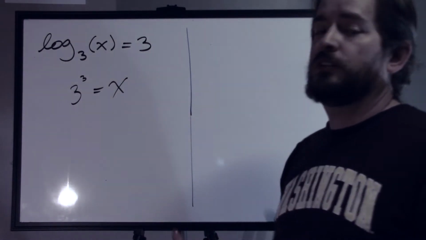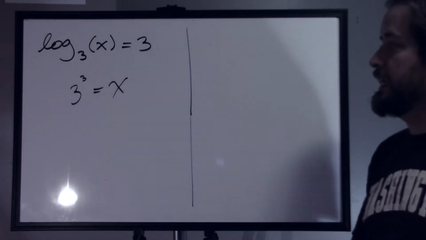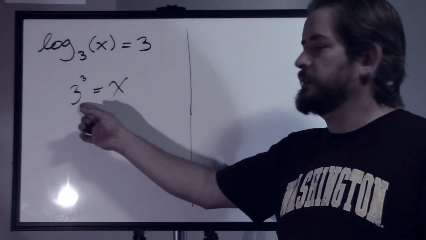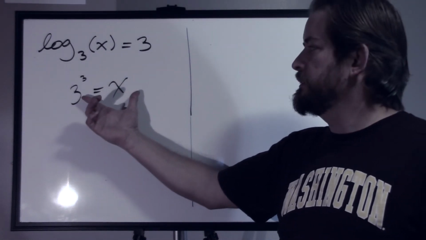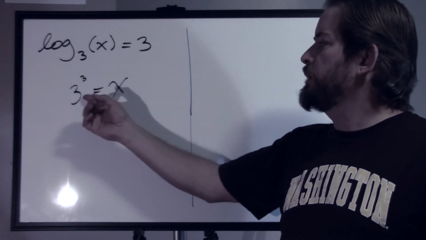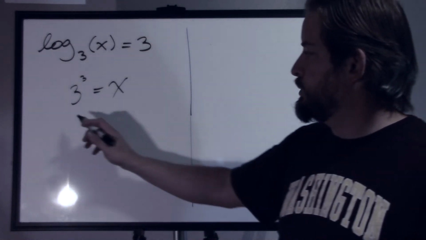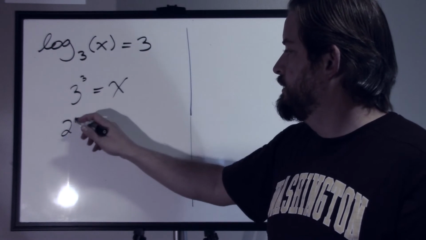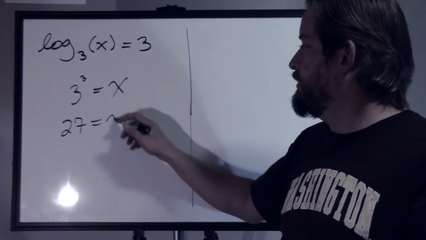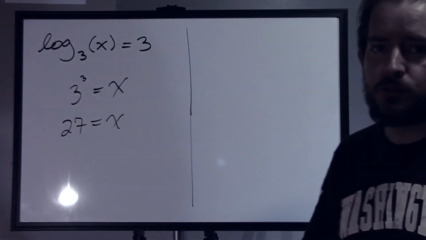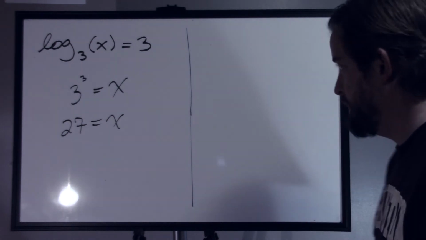And now I don't have to do steps 3 and 4 because I can't write the right-hand side as 3 to some power. I don't know how to do that, but I do know that 3 to the 3 is just 27. So by simplifying it now, I'm done. X is 27, that's all there is to that one.